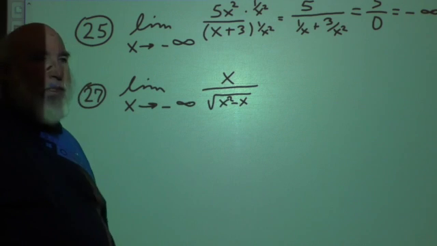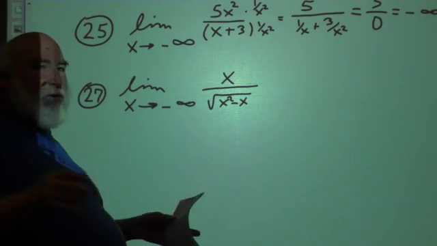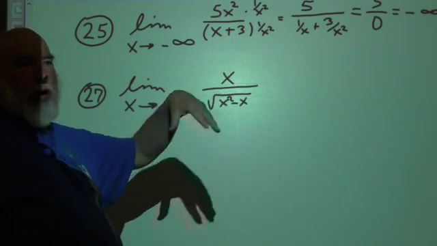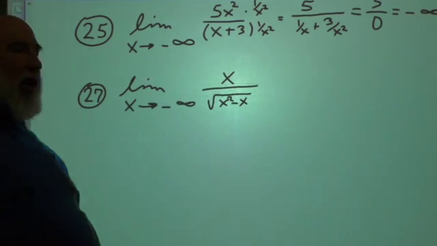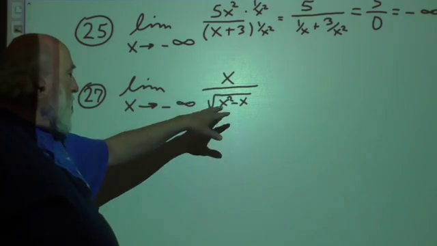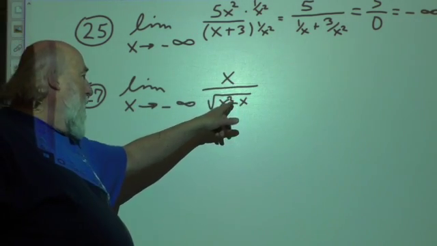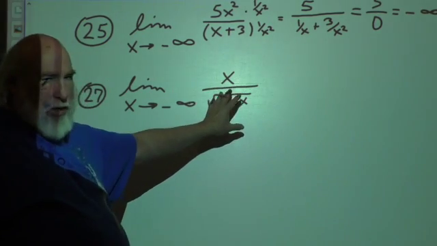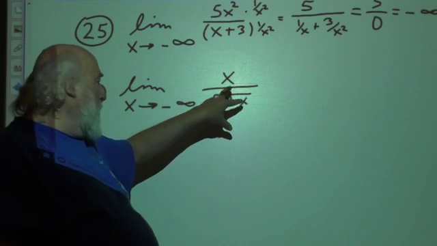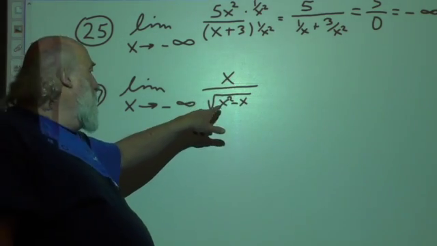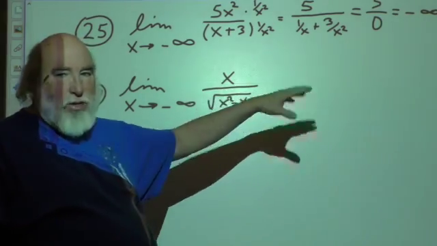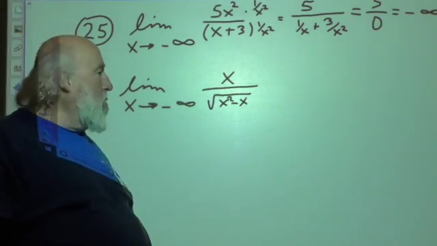Now, we have to kind of view this radical from an x to the 1/2 power sense. So the degree of this is 1. The degree of this, the highest exponent inside the radical, is squared. But because this whole thing is being taken to the 1/2 power, this is technically a first degree because 2 times 1/2 is 1. So that's a first degree polynomial.